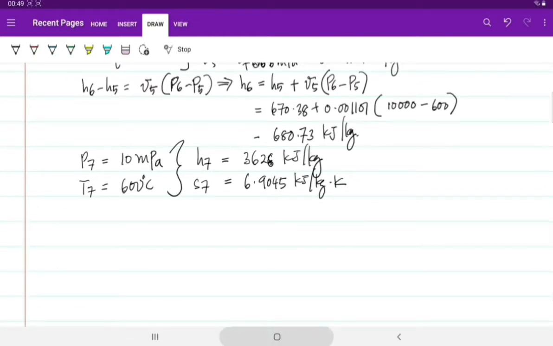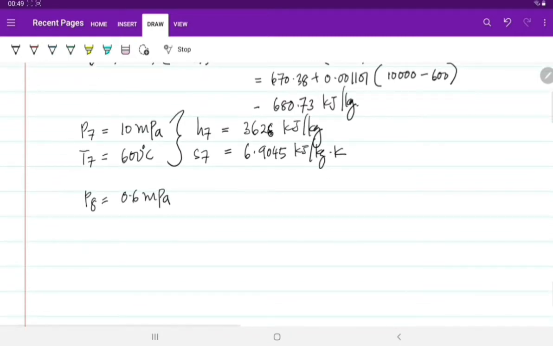Then point number 8, we know that pressure at number 8 is 0.6 megapascal. It means 7 to 8 is in the turbine, so we are assuming isentropic. So we know that S8 equals S7 equals 6.9045. So we know the pressure, we know the entropy, we can decide the phase.